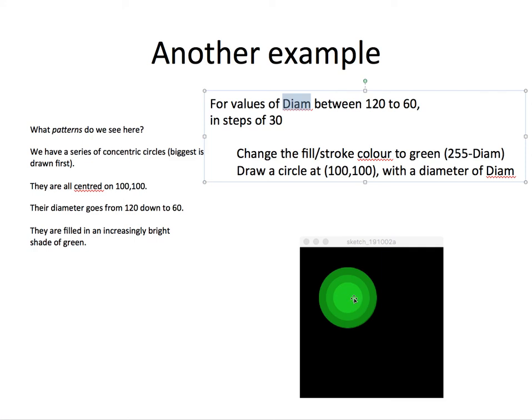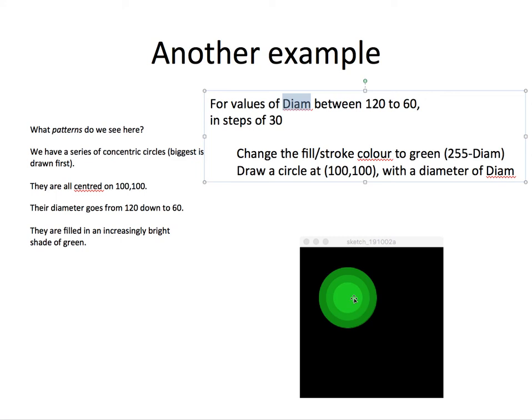Okay, so we can see how we can not only directly use a diam counter, if you like, to change the diameter of the circle being drawn, but also indirectly to alter the intensity of the color. And this is important because we might naively come up with a separate variable to keep track of the color, but there's no need, because in this case the intensity of the color is linearly related to the diameter of the circle.